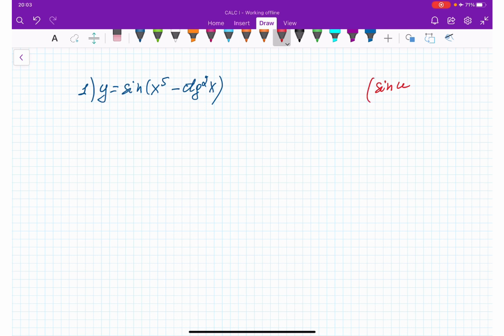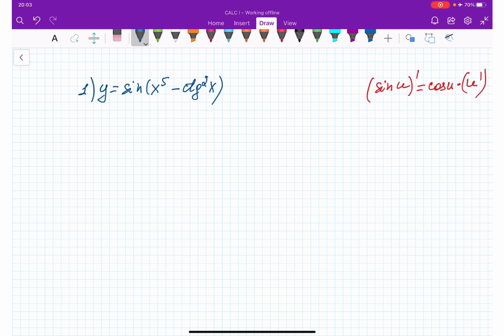If I put sine u instead of x, then it's going to be cosine u times u prime, right? Because it's not a standard format, which means we have to take the derivative of that u also. Okay, so let's do it.